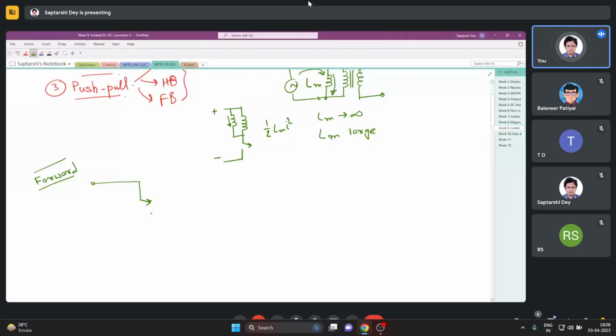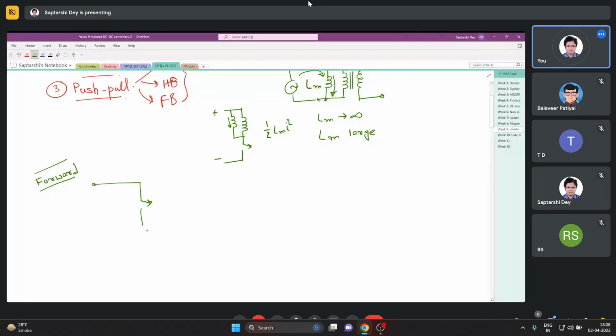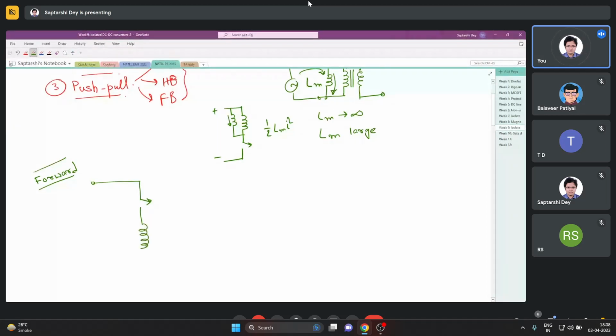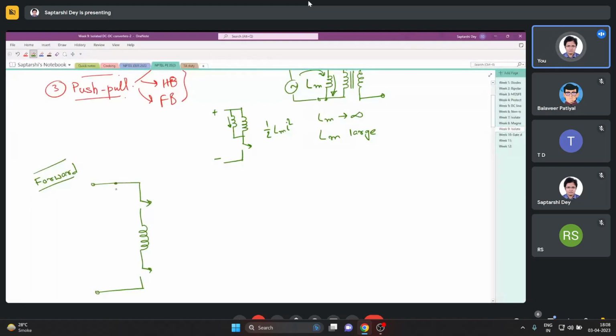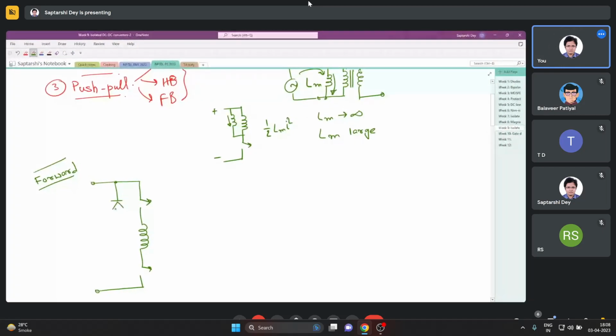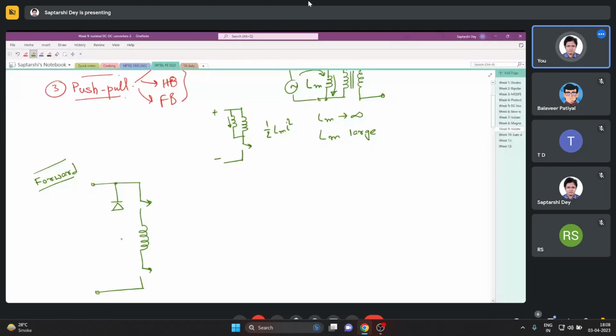This is a very common configuration where you want to excite an inductor or a coil for a certain period, and when the excitation is withdrawn, you want the stored energy to go back to the supply. This kind of configuration is used a lot in such cases.